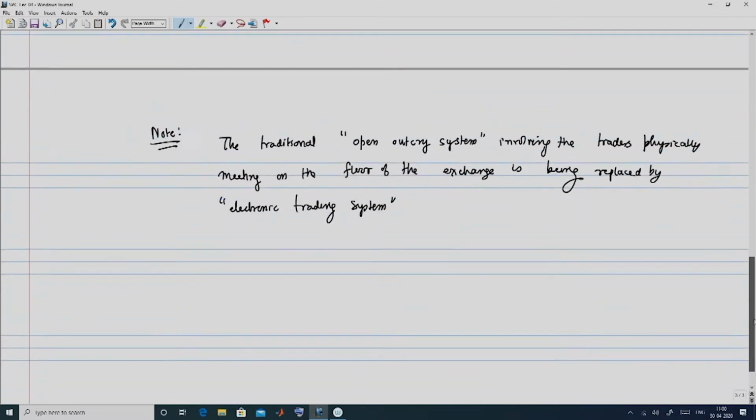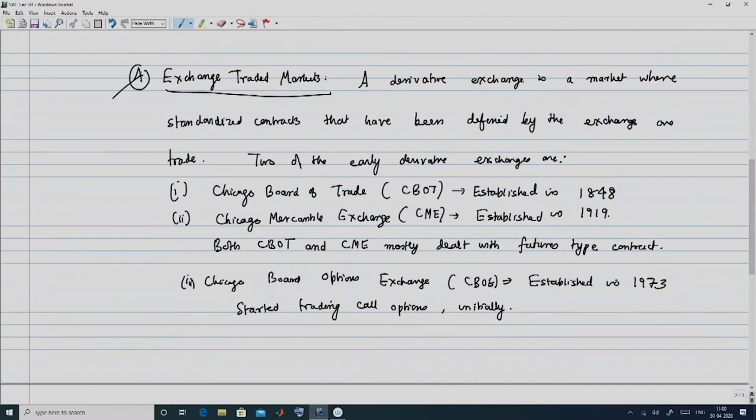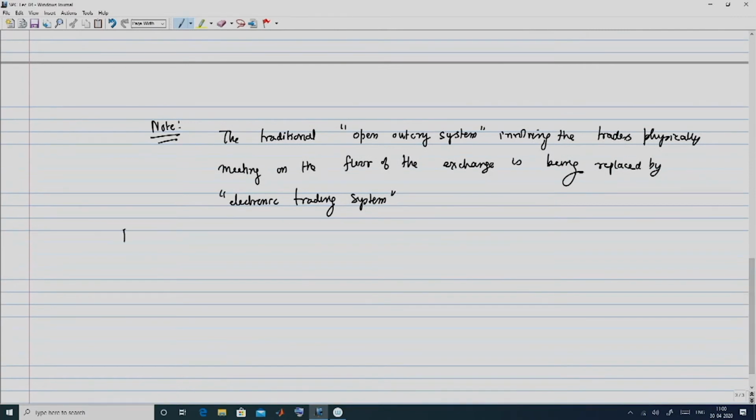All right. These are the two main points that I had to discuss about the exchange traded markets, and now I want to move on to what are known as the over the counter markets, or OTC markets.